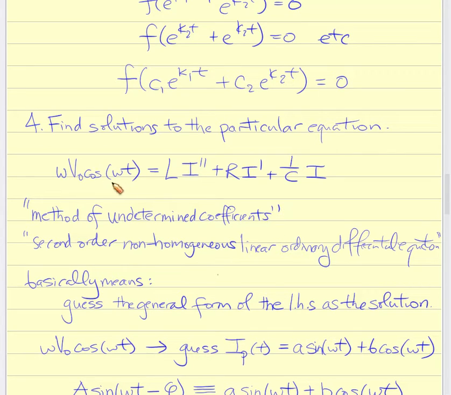If the part over here, this left-hand side that we set up here, is zero, then that's a homogeneous equation. Linear just refers to the fact that all these functions of I and its derivatives are added together. So it's a linear combination of various order derivatives of the function that we're solving for.